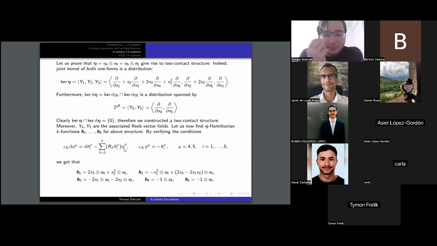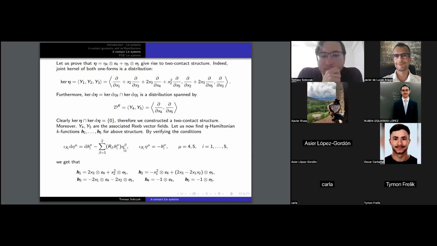He didn't manage to include them, but they are very elegant and very short, and the way of writing the properties of these eta Hamiltonian vector fields and K functions is very nice, much more than these expressions written here, which look a little bit long and a little bit terrible.